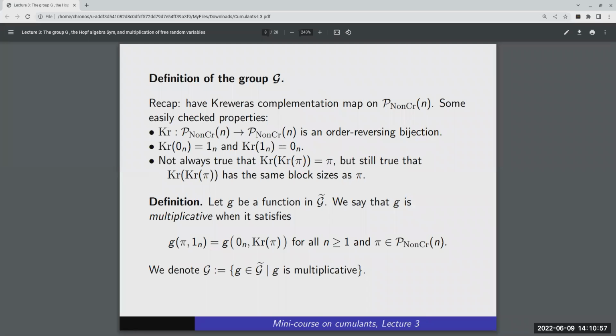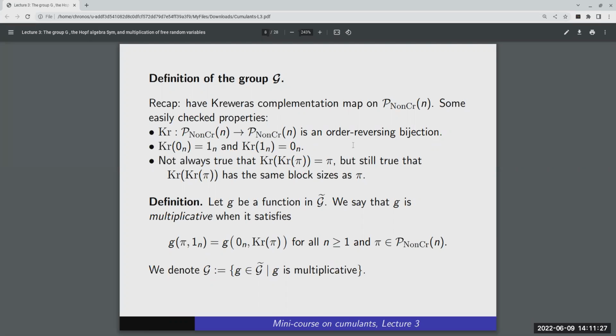Before saying what G is, let me mention on this slide some easy properties of this map. It is an order reversing bijection. So the bigger pi is, the smaller its Kreweras complement. In particular, the minimal element of the lattice, 0n, the partition into n singletons, goes to the partition with one block, and vice versa.